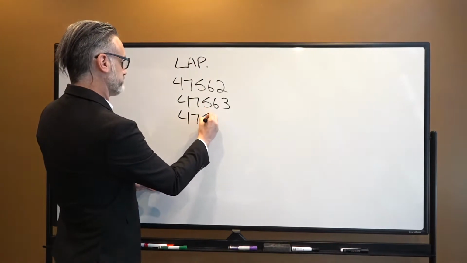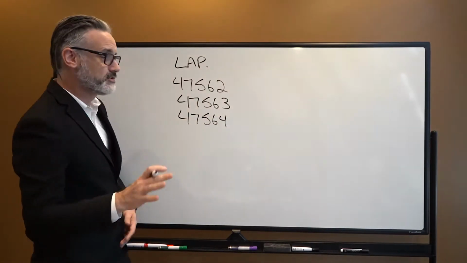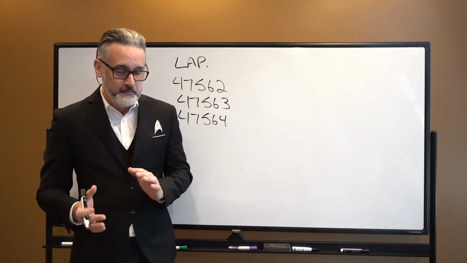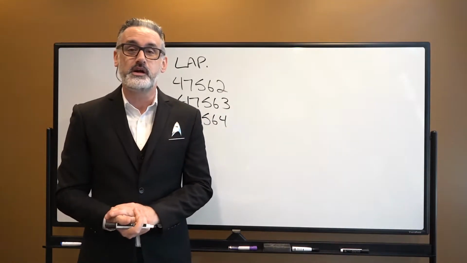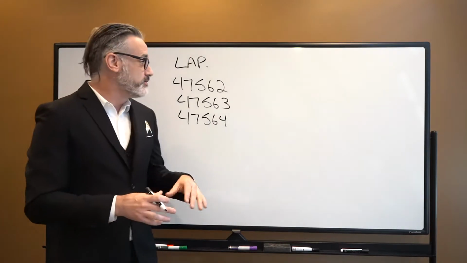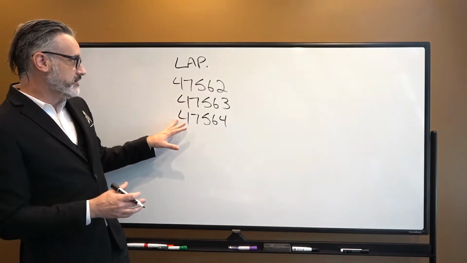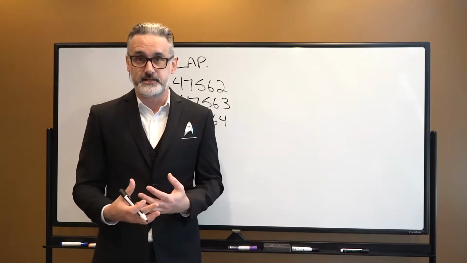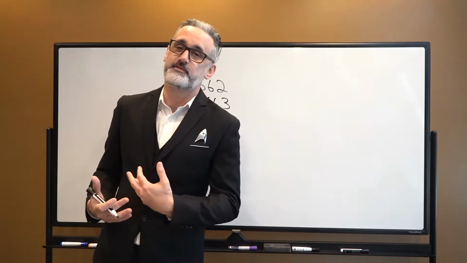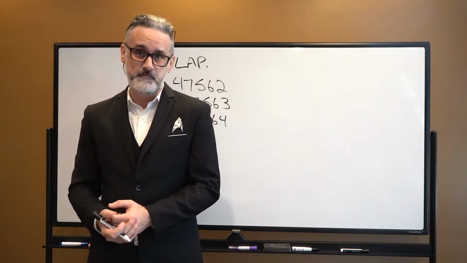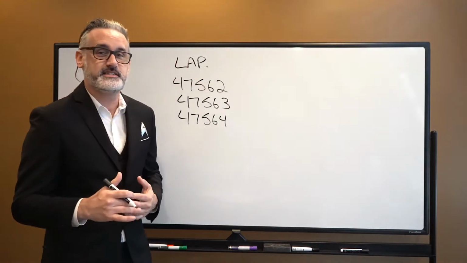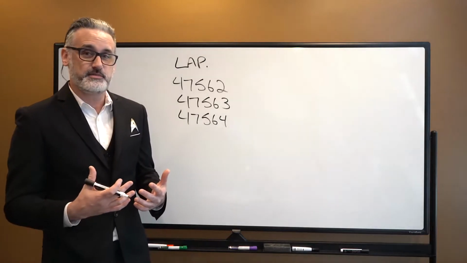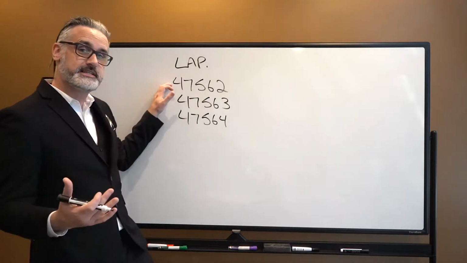And then we have the 47564. So we're still in the laparoscopic column, but the 47564 cholecystectomy. We're still removing the gallbladder laparoscopically, but also with exploration of the common duct. And remember in medical coding, we have the phrase, if it's not documented, it didn't happen. So if the provider just does the cholecystectomy and that's it laparoscopically, 47562.